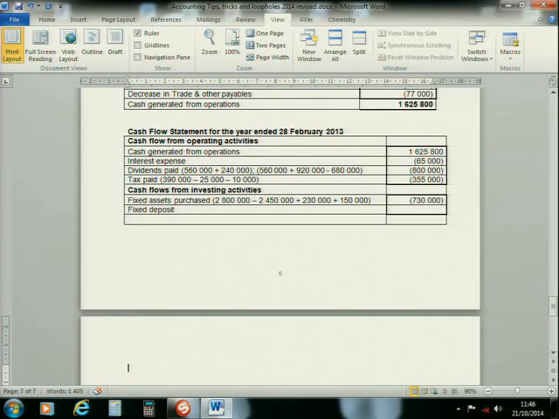Remember the other formula said you can have it as the opening balance, 2.450, plus X minus depreciation of 230,000 minus disposal of 150,000 equals your closing balance of 2.8 million.